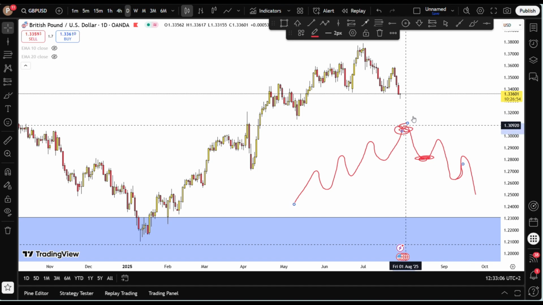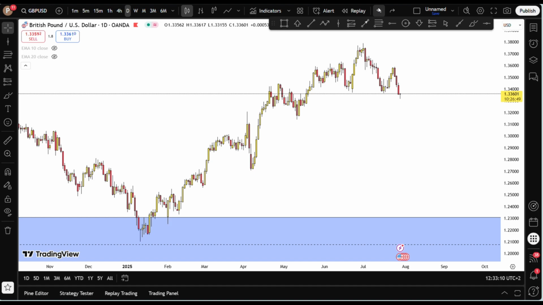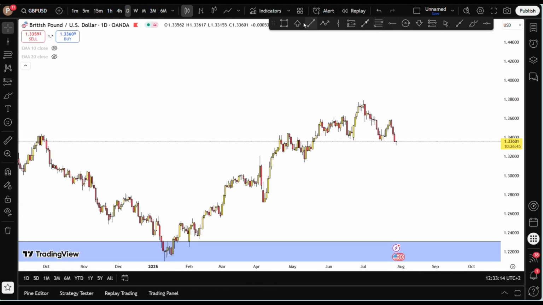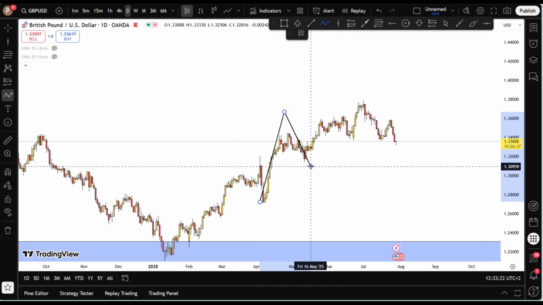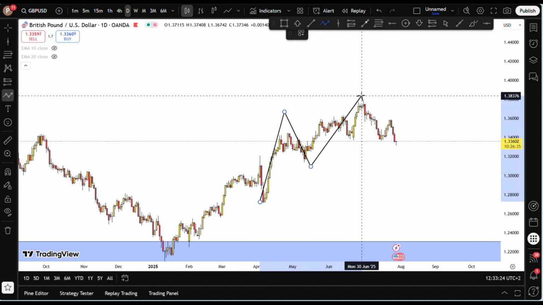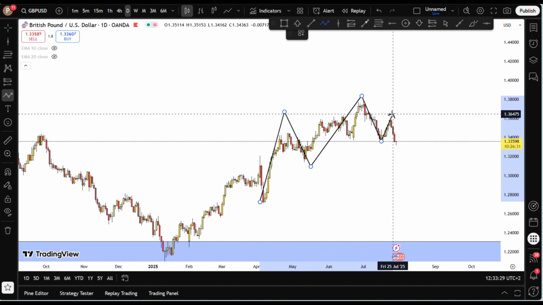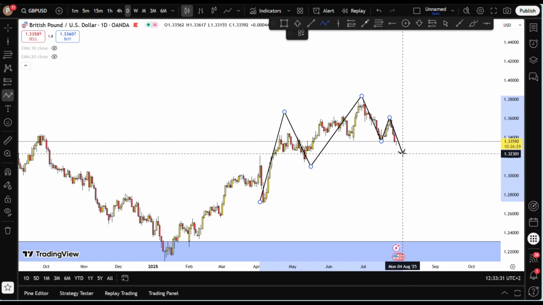Let me just move this real quick. Let me draw it out on the current price. It's an impulse, correction, impulse, correction. It's failing to go higher. So it rejected here to go down here.